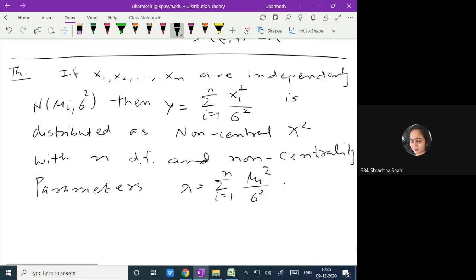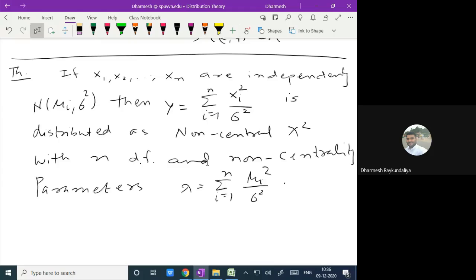Earlier we have shown that if x has the normal distribution with mean mu and variance sigma square, then y equal to x square by sigma square has the chi-square distribution with one degree of freedom and non-centrality parameter mu square upon sigma square.